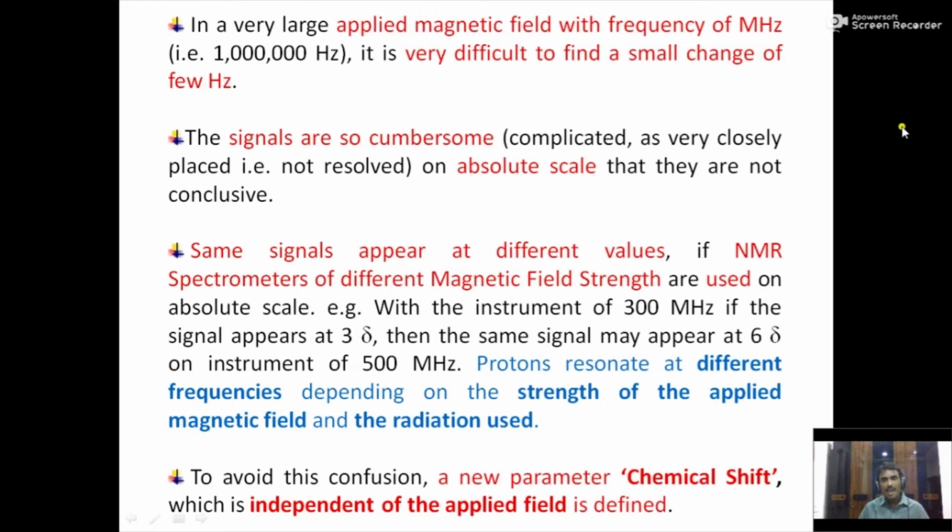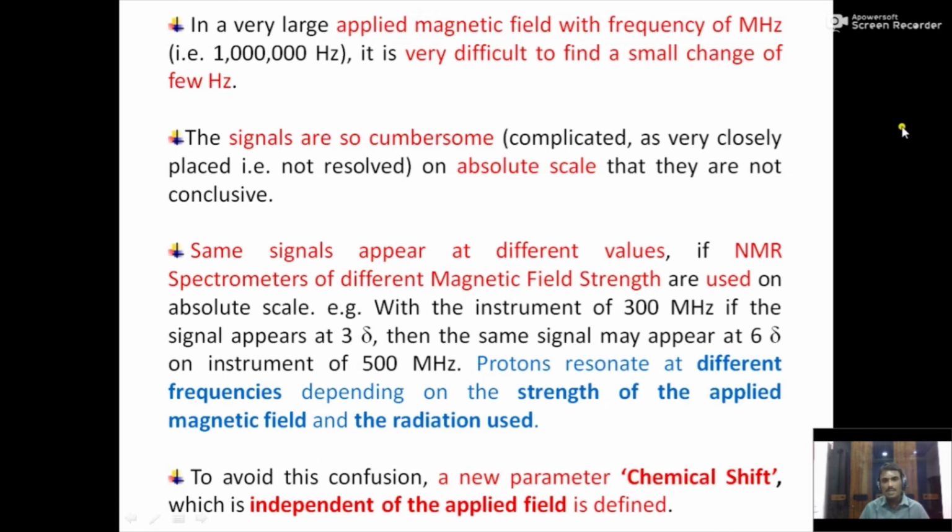The same signal appears at different values if you are using NMR spectrometers of different magnetic field strength. Suppose person XYZ is recording the NMR of ethanol on a 300 megahertz instrument, and another person, PQR, is recording the NMR spectrum on an instrument whose frequency is 500 megahertz.